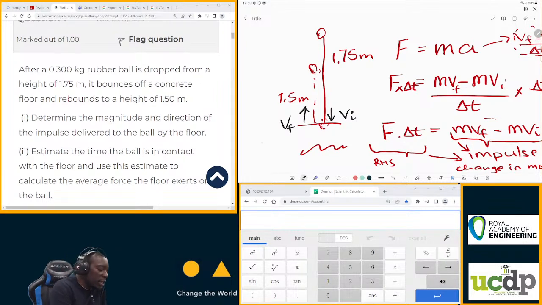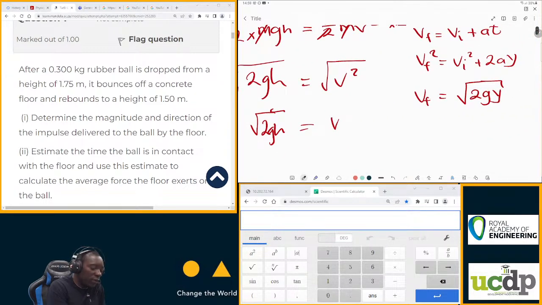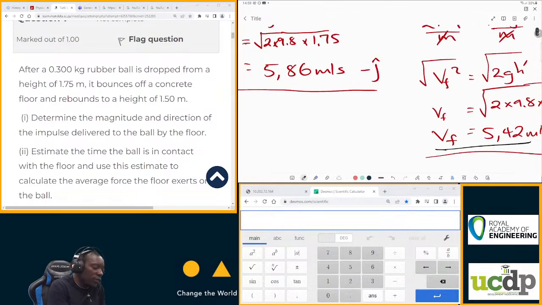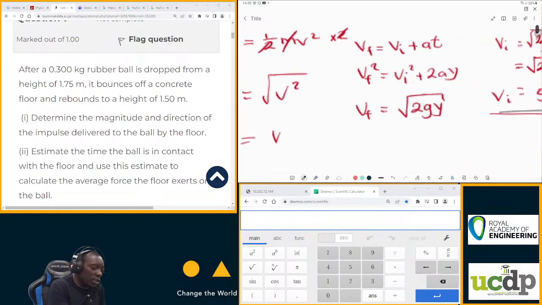So the change in momentum there is equal to m(Vf minus Vi), which is the impulse. The mass we know, Vf we have found there, positive, and Vi negative. So let's apply that to the equation.